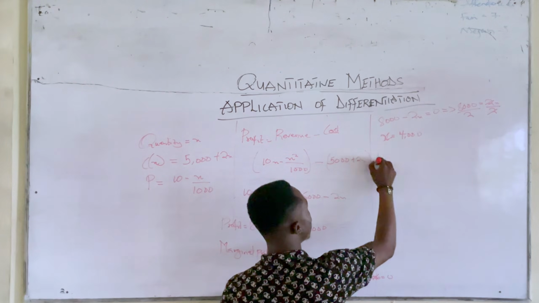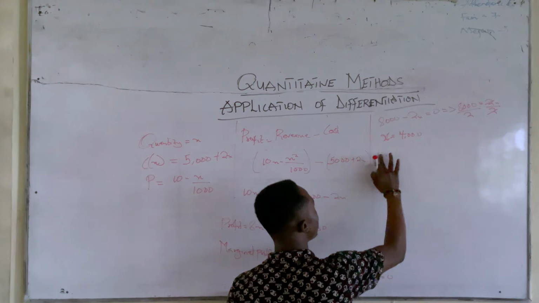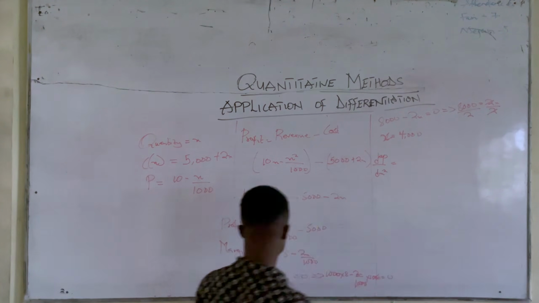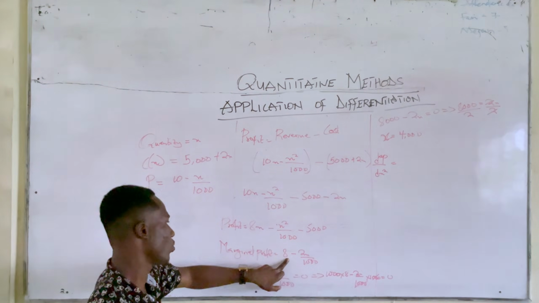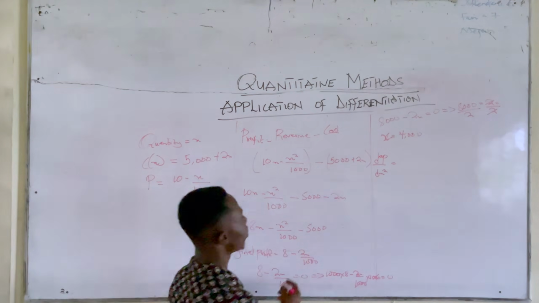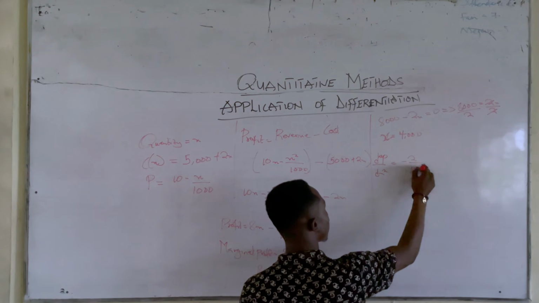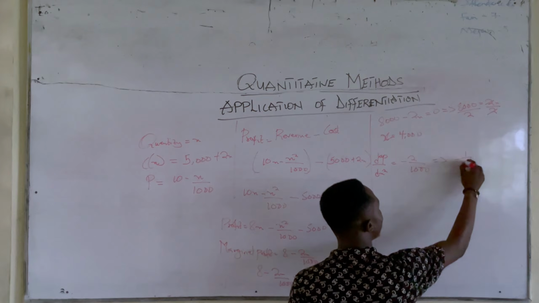So the second derivative d²P over dx² is equal to, if you differentiate this, 0. If you differentiate this, what do you get? You get negative 2 on 1,000, and at the end you are getting the same negative 1 over 500.